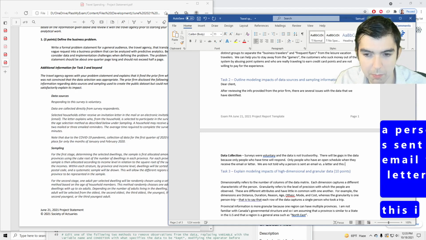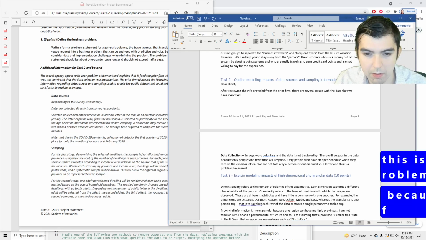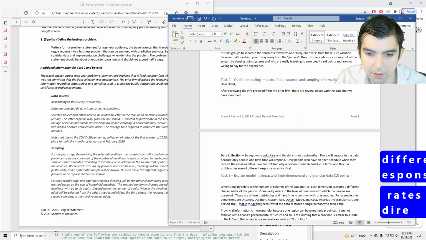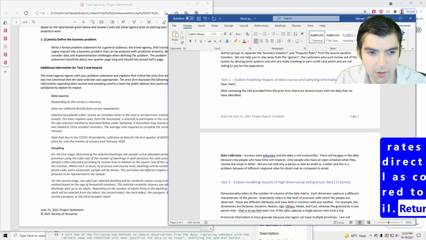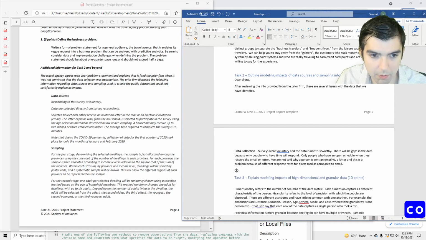This is a problem because of different response rates for direct mail as compared to email. And then, of course, COVID.